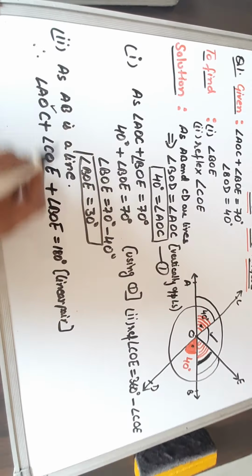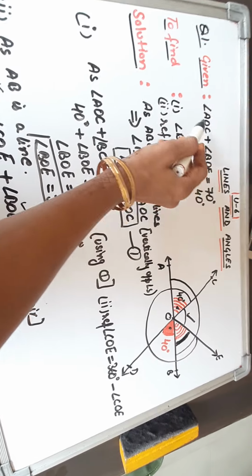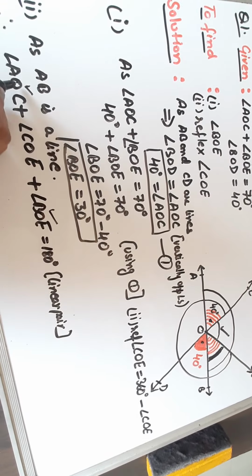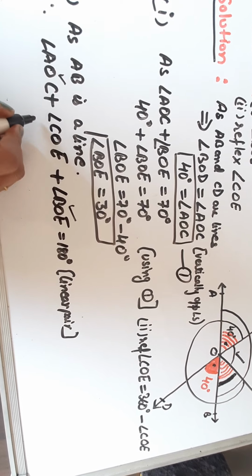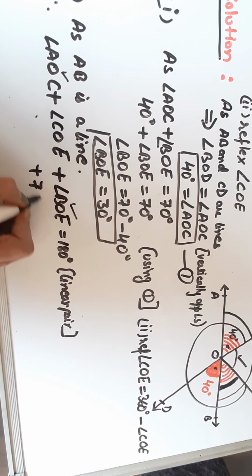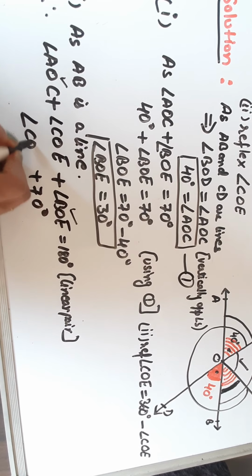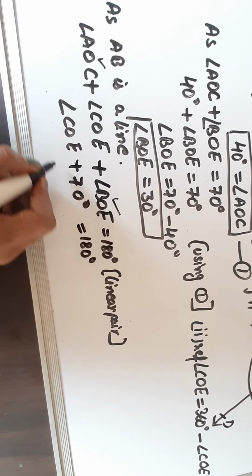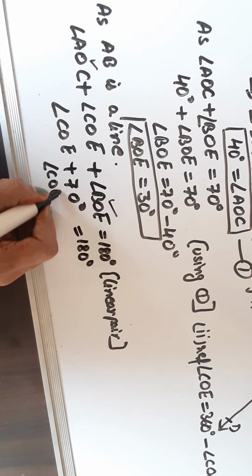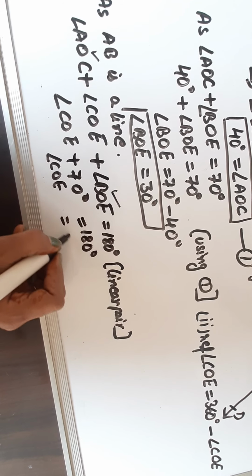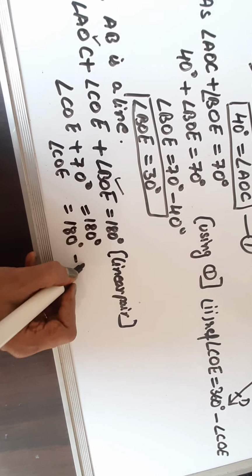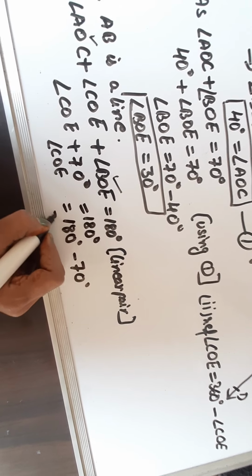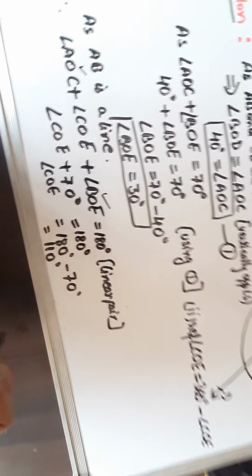Now out of these, the sum of these two angles is given to us, that is 70 degree. So in place of this sum we will write 70 degree and angle COE we will get from here. So angle COE is equal to 180 degree minus 70 degree, that is 110 degree.